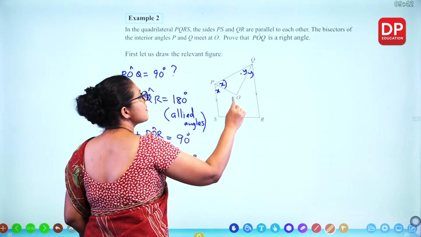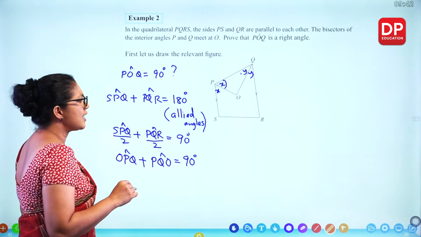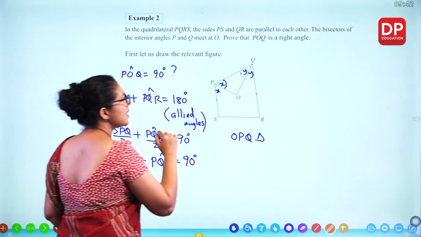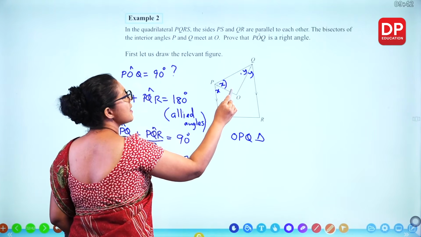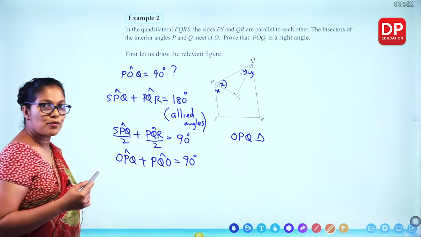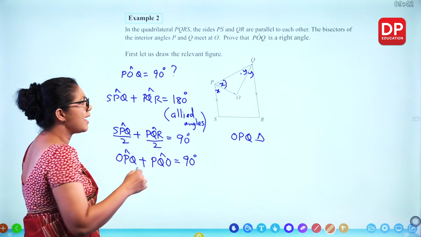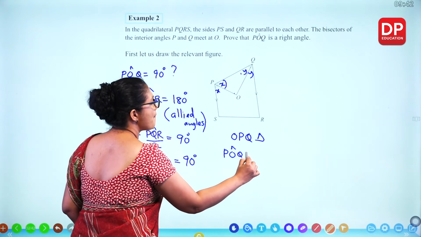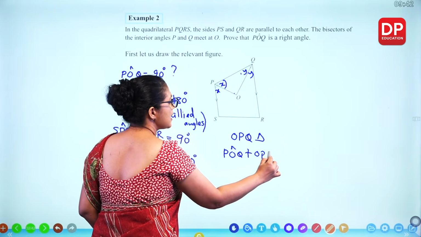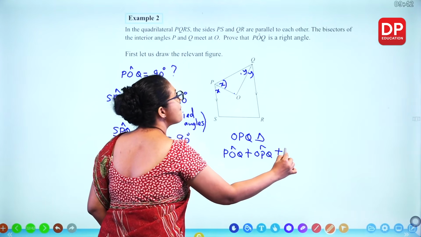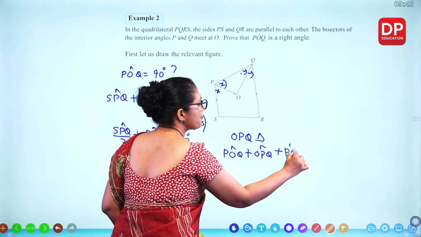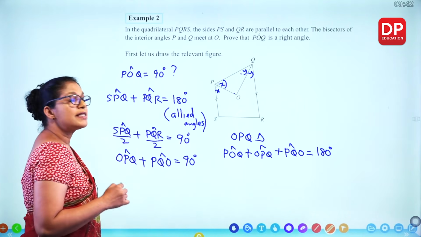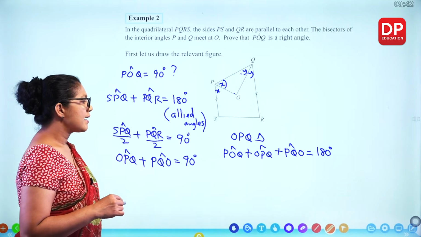When you look at the small triangle OPQ, what can I say? This plus this angle adds up to 180. So I can write POQ plus OPQ angle plus PQO add up to 180. That's the sum of interior angles in a triangle.